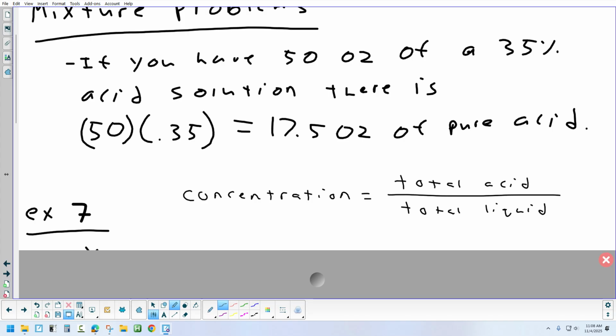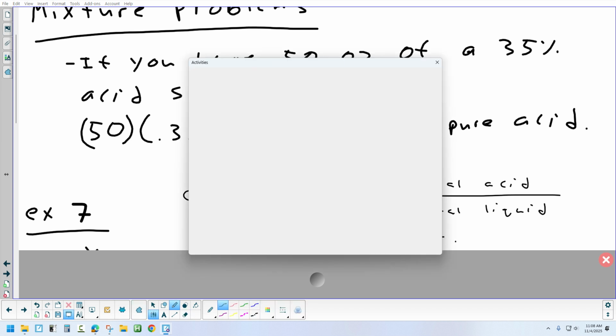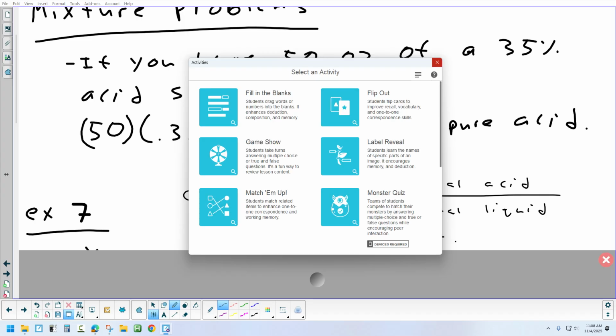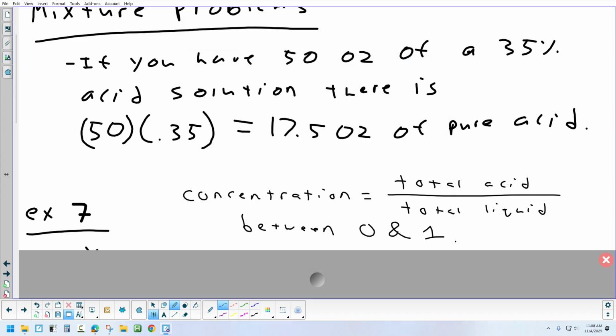This will give you an answer between 0 and 1. If you wanted to make it a percent, you'd have to multiply it by 100. So like this will give you an answer like 0.37. That's 37% if you multiply by 100. But that's always going to be between 0 and 1. I don't multiply by 100. I just leave it like that.